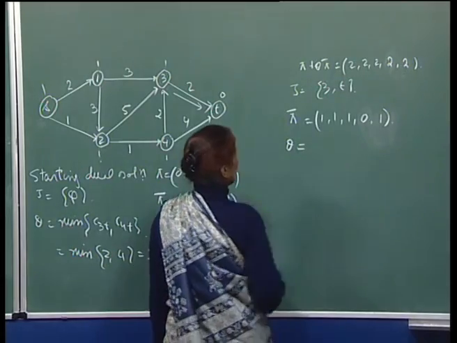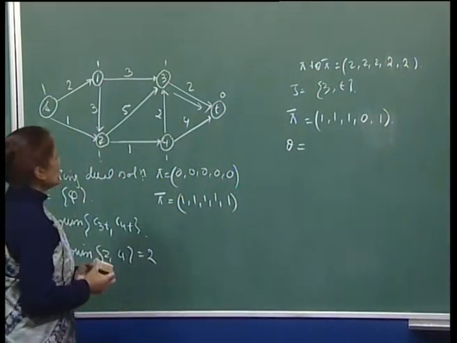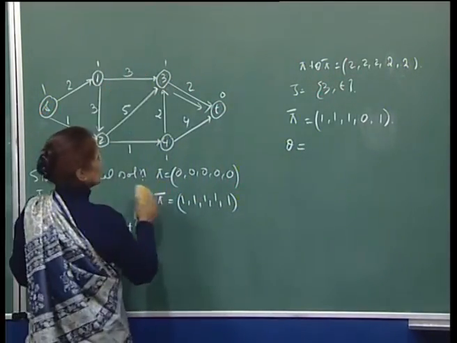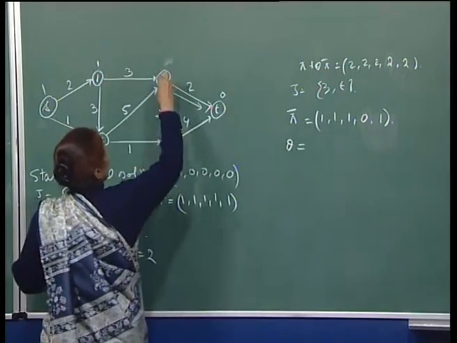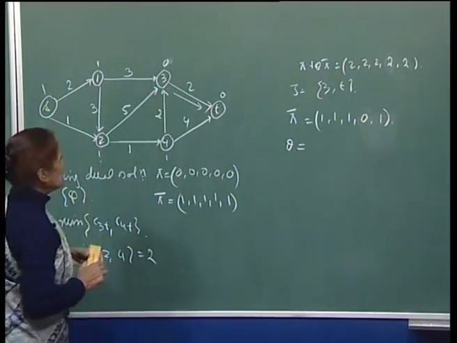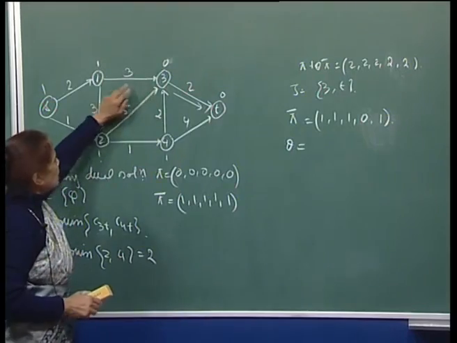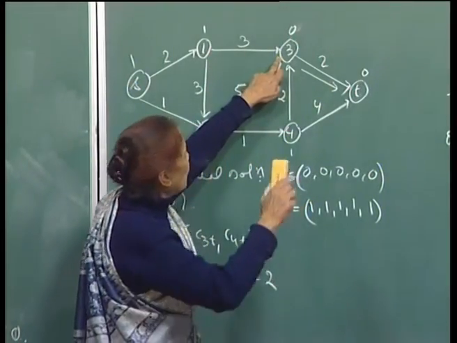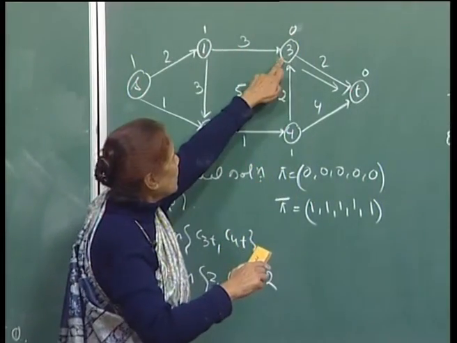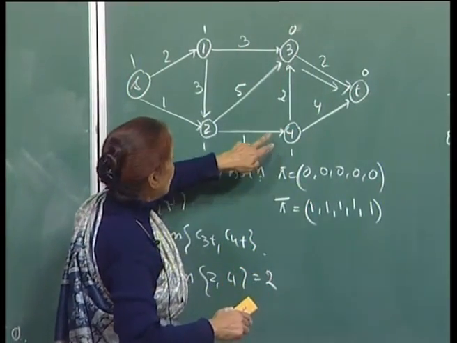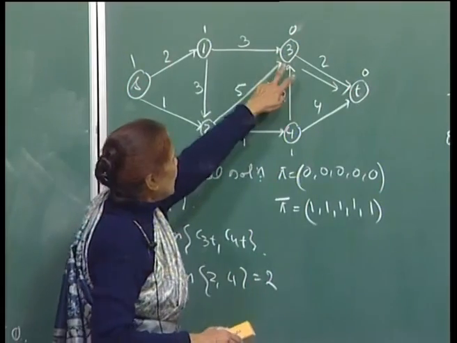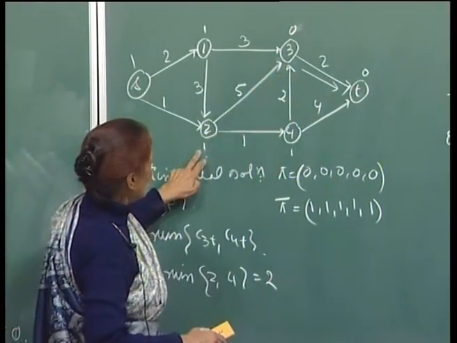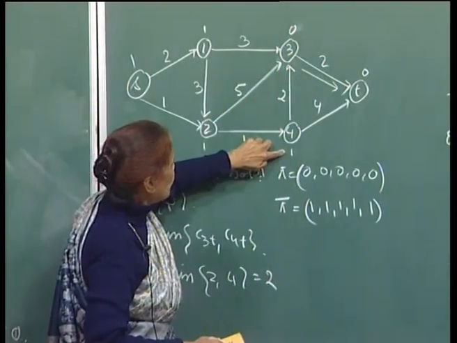So, compute theta again, and for theta you see this number is 0. Now what are the possible candidates? Remember pi bar 1 minus pi bar 3 is 1, then pi bar 2 minus pi bar 3 is 1, and pi bar 4 minus pi bar 3 is 1 minus 0.